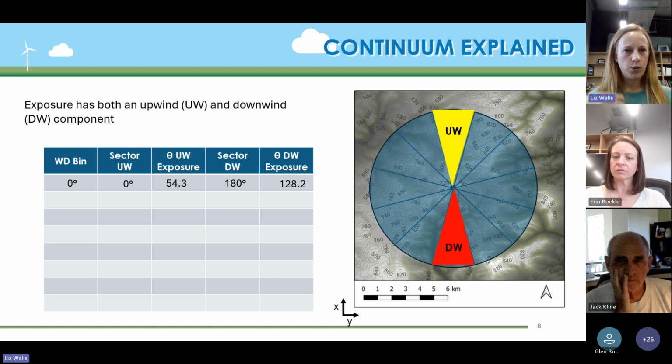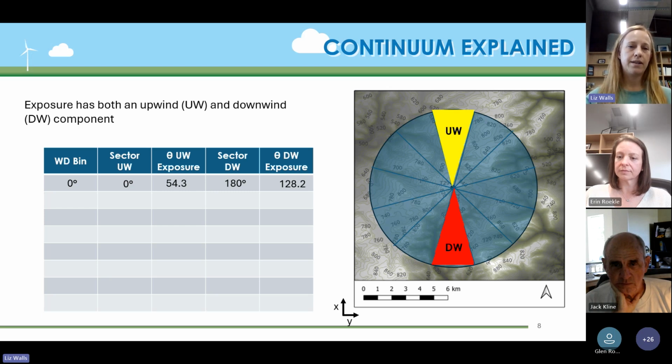So when considering the wind from the north, upwind exposure is the north sector, and the downwind sector is from the south, offset by 180 degrees. In this example, the downwind exposure is 128.2, so approximately 128 meters higher than the terrain in that downwind sector when considering northerly flow.